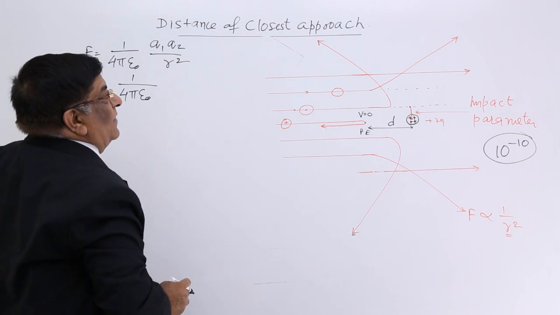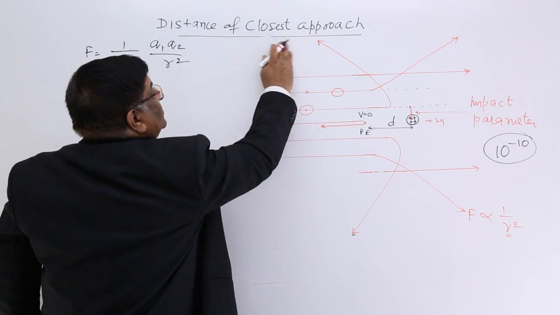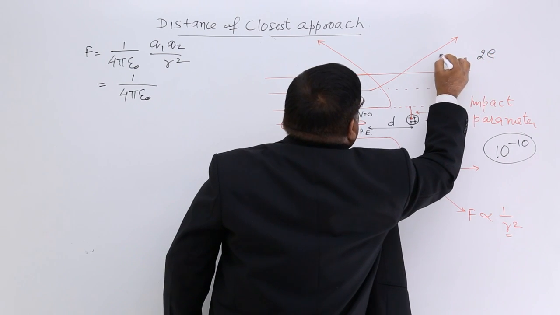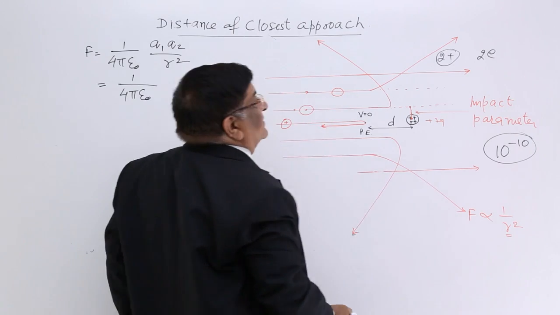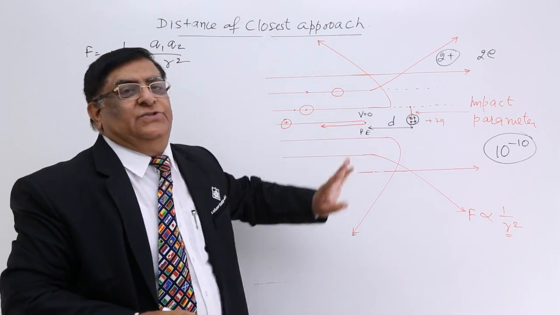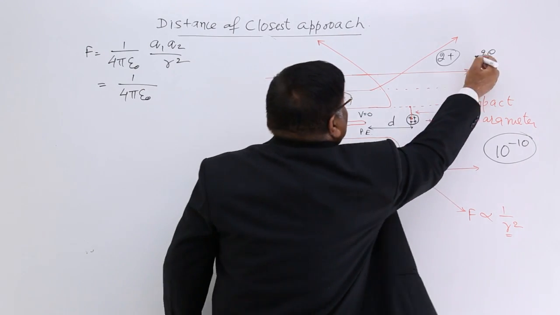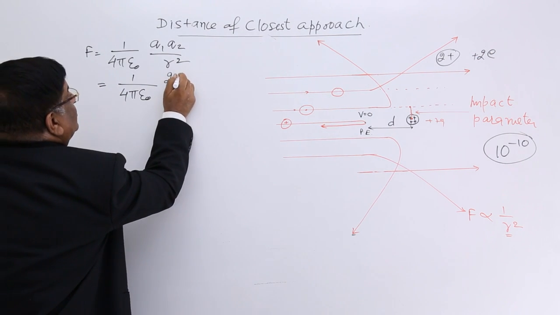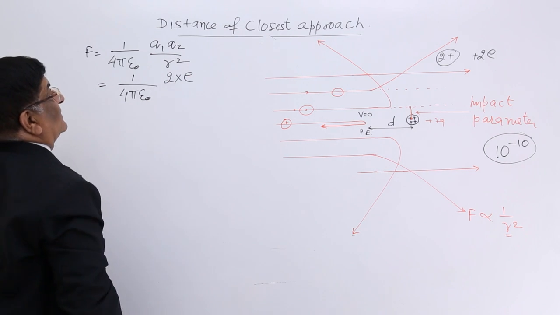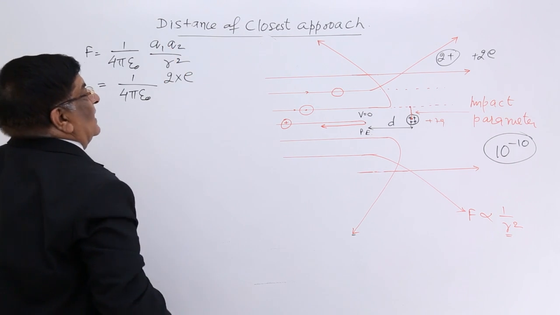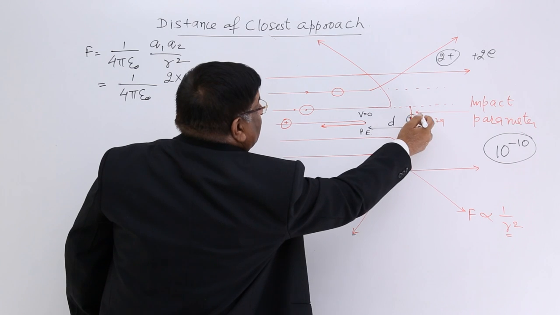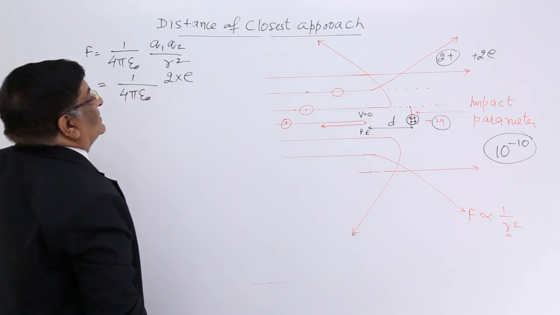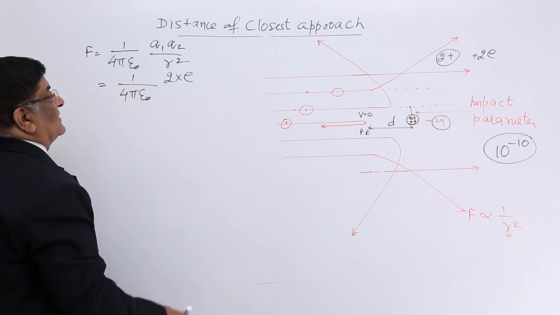The charge of the alpha particle is equal to 2e, because the alpha particle has two positive charges. So its charge is 2e positive, that is measured. So this we can write as 2 into the charge of the electron, positive, multiplied by q2, that is the charge on this nucleus. This has got 79 plus charge, 79 times the charge of the electron.